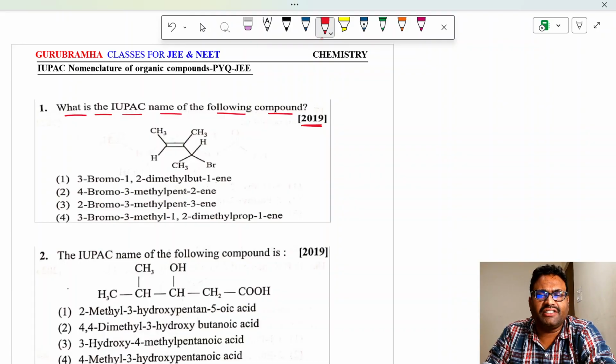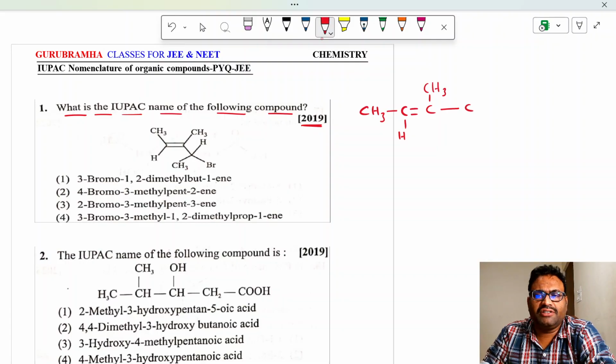Let us write that: CH3, C, H double bond C, CH3, C, H, Br, CH3. Now here is Br.